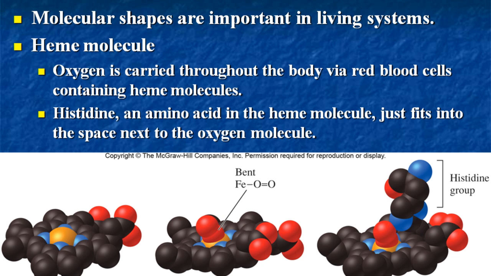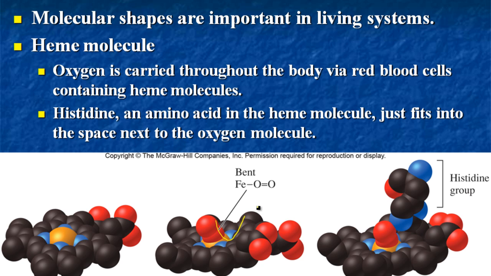Because of this particular lone pair, it will attach to the heme molecule at an angle, a bent shape. So when it attaches to the heme molecule, there is a V shape forming right here.